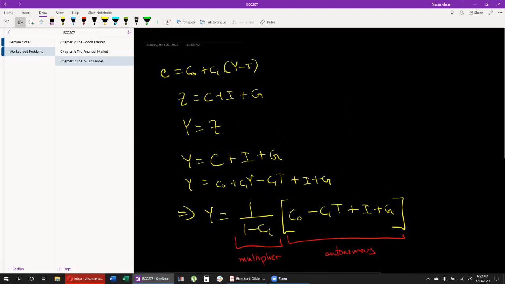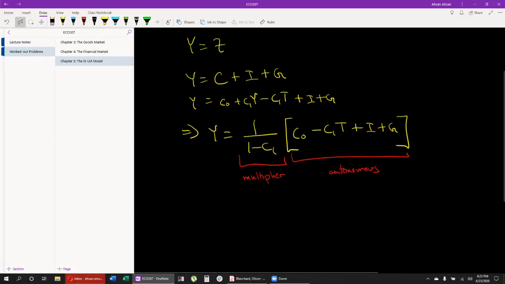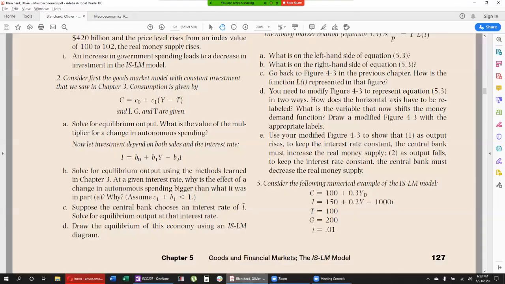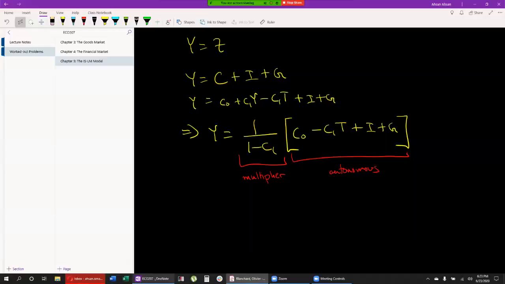So we've done exactly this problem in the last chapter. So hopefully all of you would have been able to do this even without my help. That was part A. Actually, what is the value of the multiplier for a change in autonomous spending? Okay, so we have identified the multiplier, which is this.